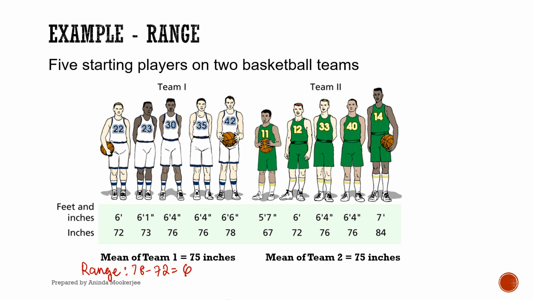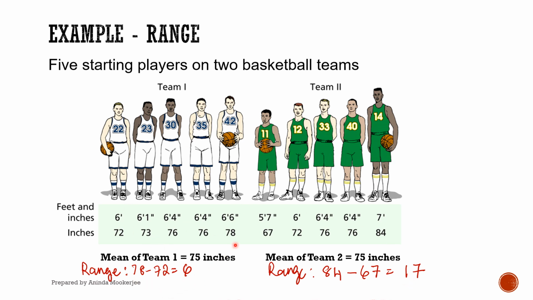For team 2, if you look at the range, then that's 84 minus 67, correct? So that would be 17 inches. So the difference in heights between the tallest player in team 2 and the shortest player in team 2 is 17, whereas in team 1 it is 6.